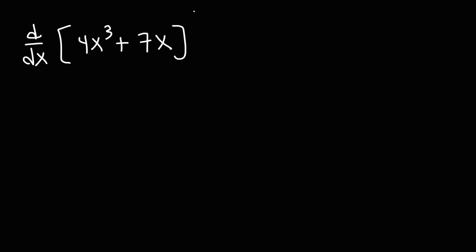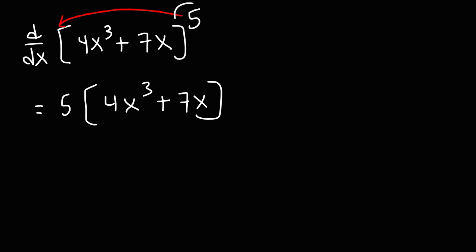So let's say we want to find the derivative of 4x cubed plus 7x, raised to the 5th power. In this case, we need to start with the outer function, that is the power rule. So we're going to move the 5 to the front. We're going to keep the inside function the same.